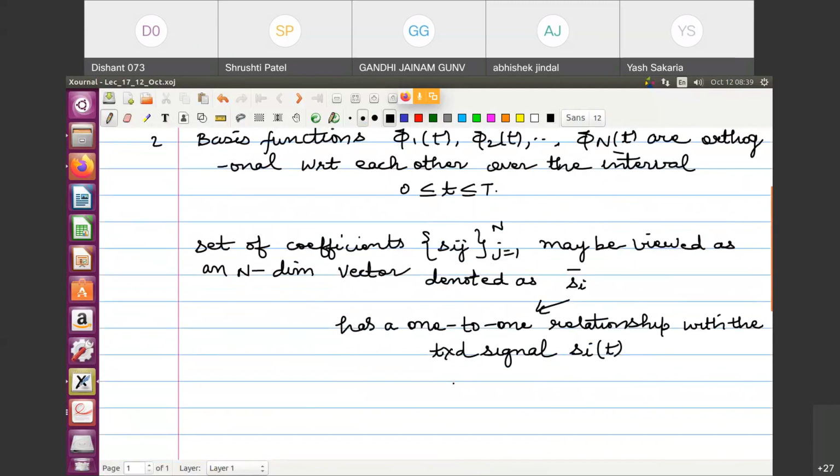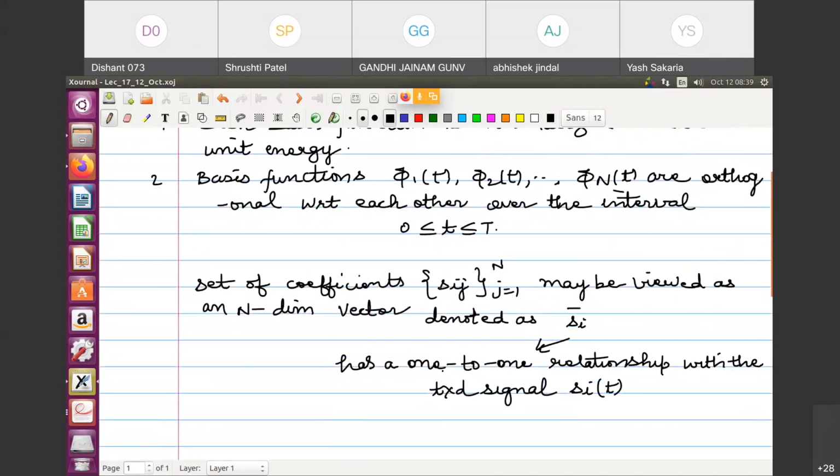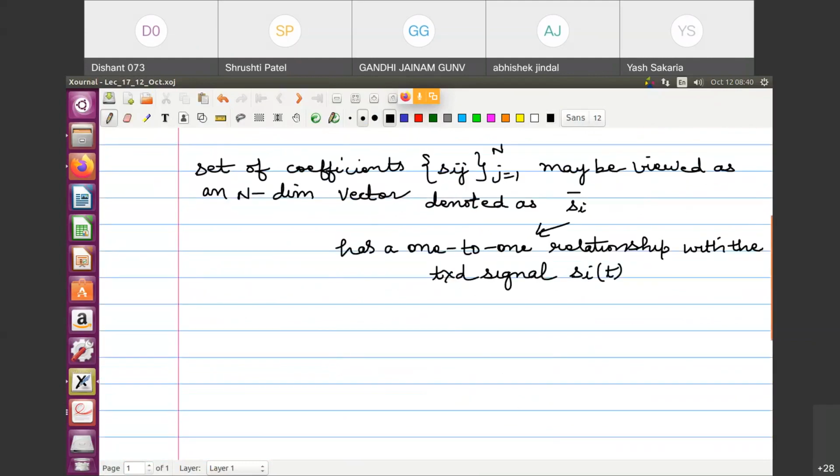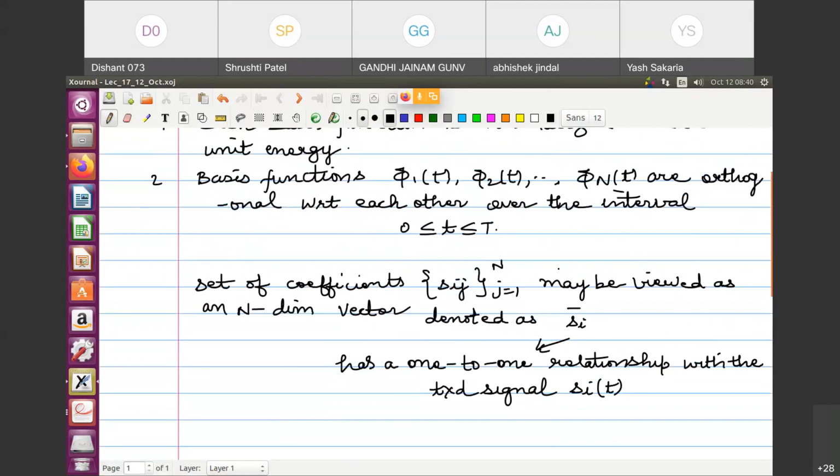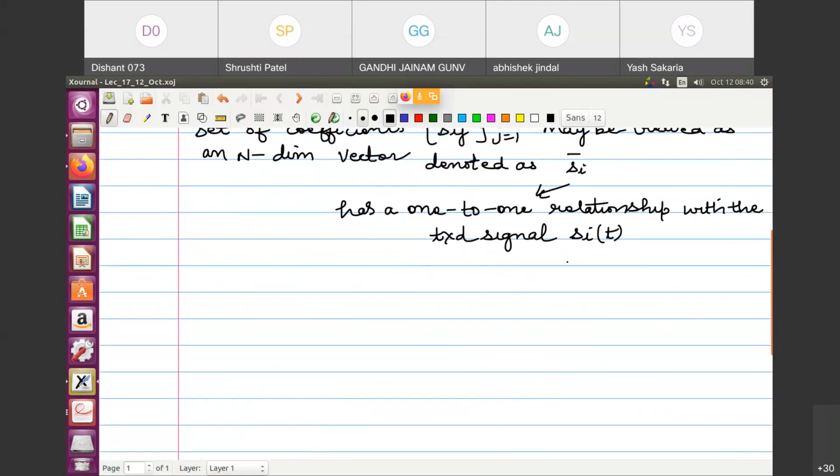So we are not proving it, we are assuming that this will happen, although it has a definite proof. A very easy proof is there. But we don't need to prove this in this course. We only need to know that given Sij, I can generate Si(t) uniquely, and given Si(t), I can find all Sij, j running from 1 to N. This is pretty much what the statement says.